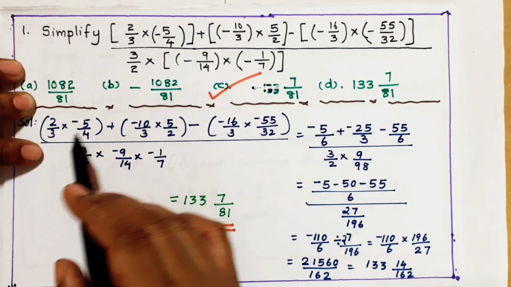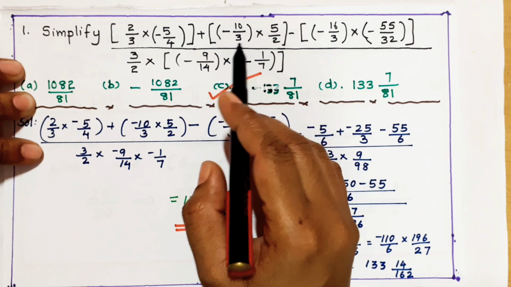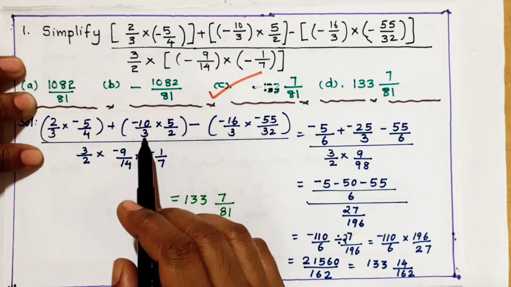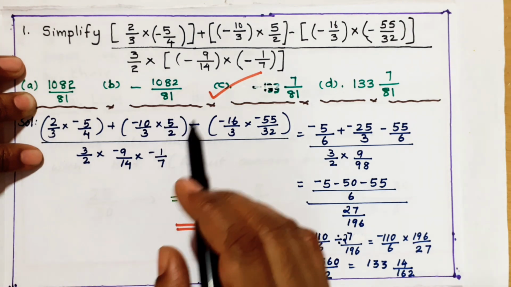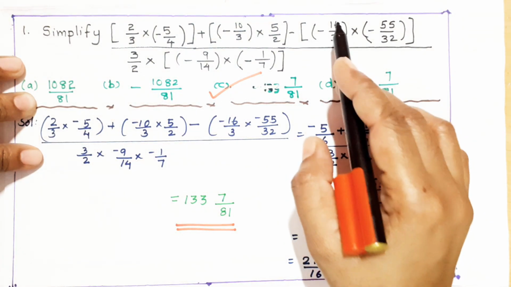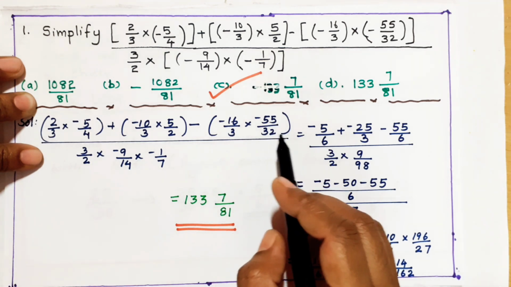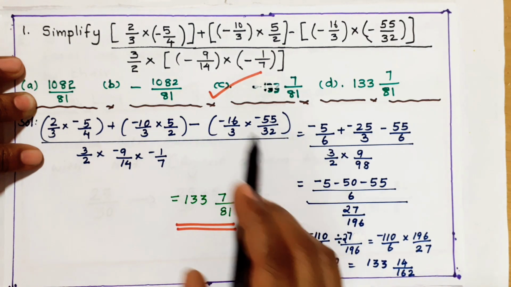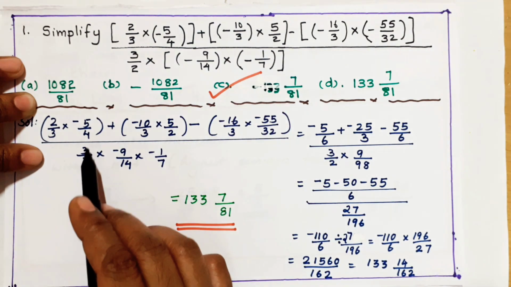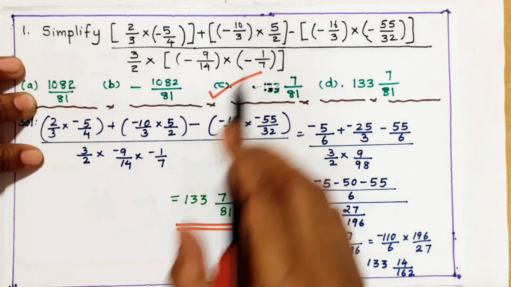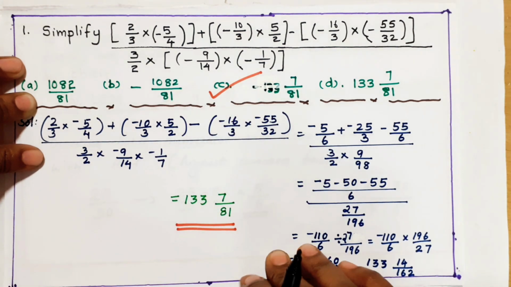Here also minus 10 by 3 into 5 by 2. Minus this term also, minus 16 by 3 into minus 55 by 32. The whole divided by this term also, 3 by 2 into minus 9 by 14 into minus 1 by 7.